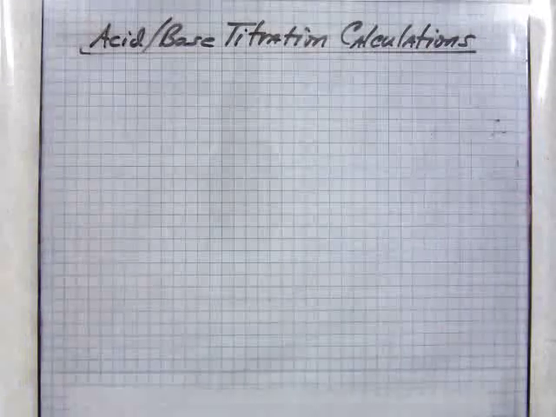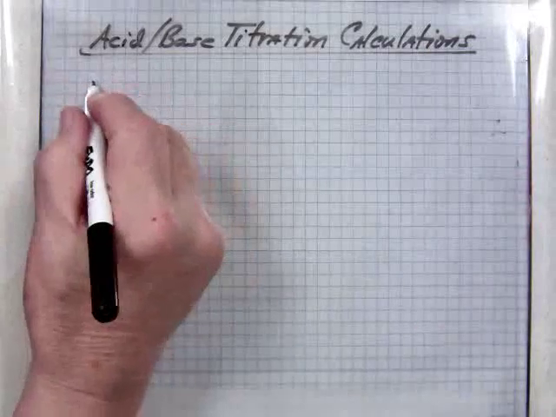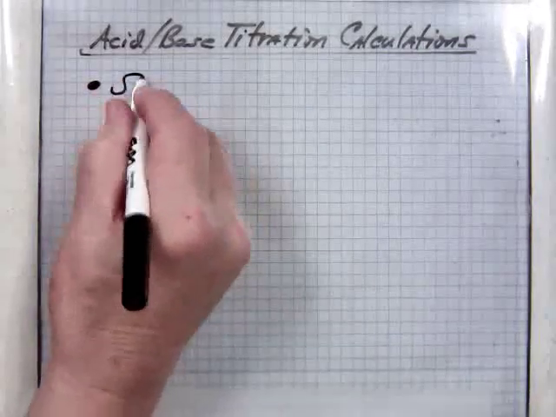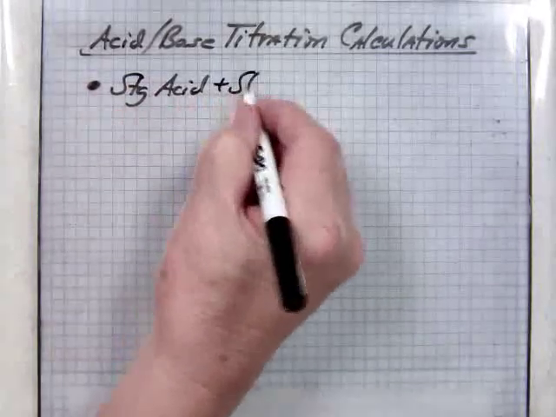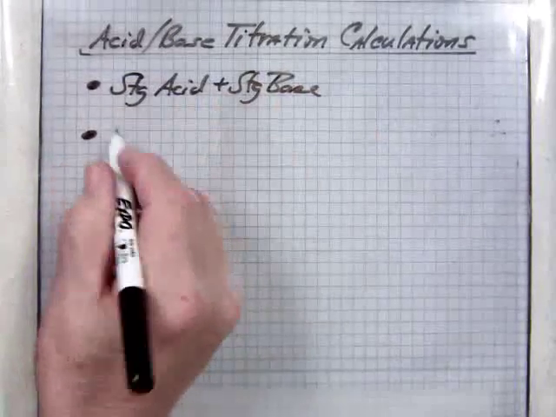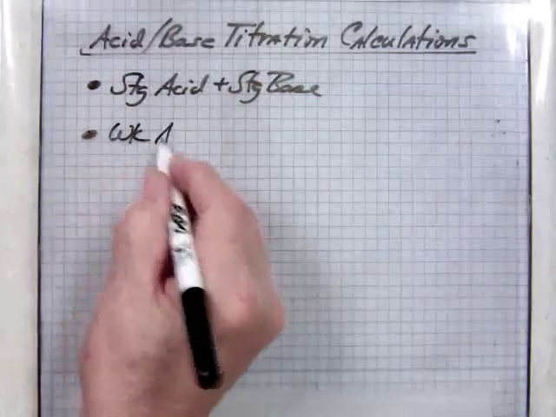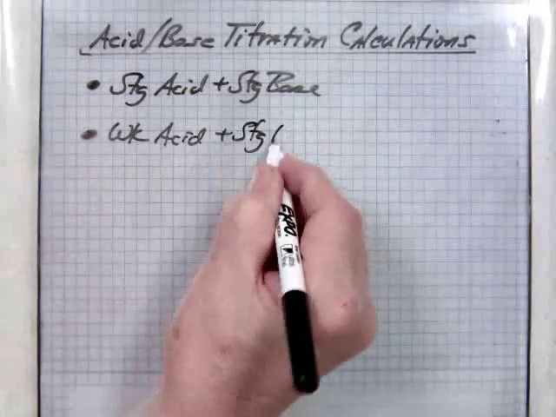So what we're going to do is an acid-base titration calculation for a strong acid plus strong base. Then we're going to do a weak acid plus a strong base.